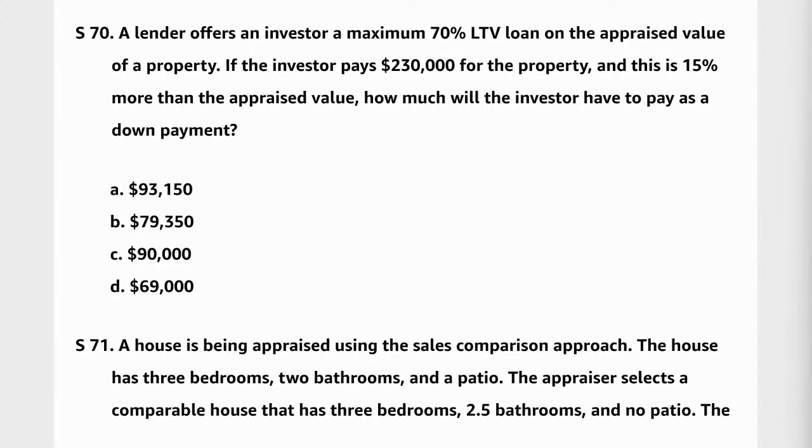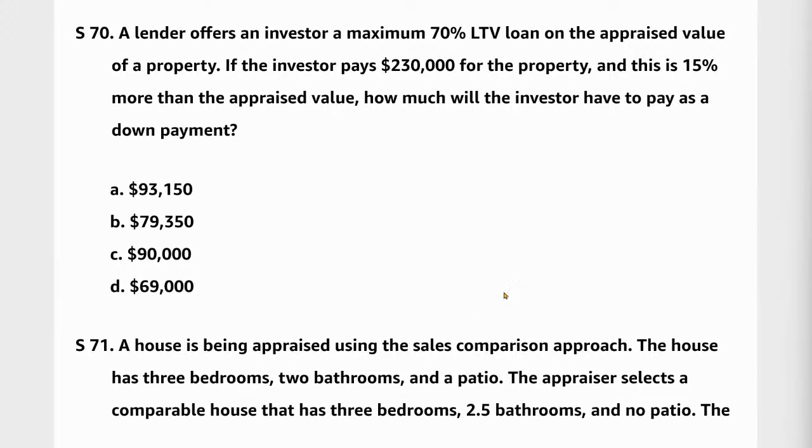The lender will lend 140,000, which is 70% of the appraised value of 200,000. So how much does he have to come up with? 230,000 is what he's paying, minus the loan amount of 140,000, leaves 90,000. Who said 69,000?